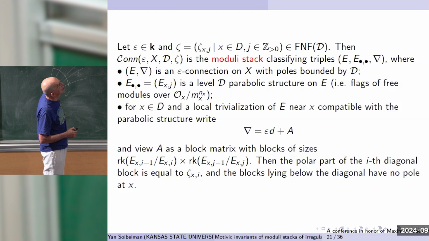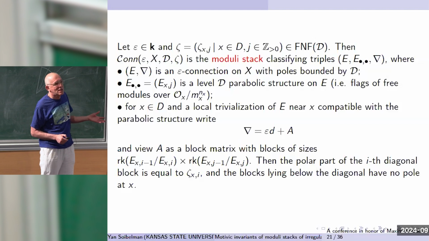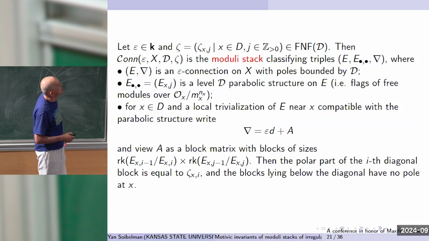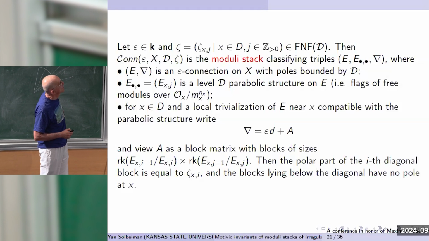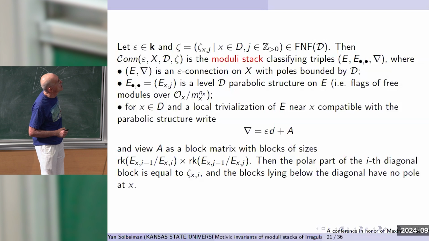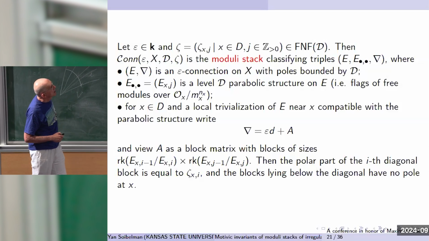Well, D is an effective divisor, and zeta is basically the eigenvalues for the Higgs field. So we fix at each point a level d parabolic structure, so like flags of free modules, as I said before, over truncated local rings.